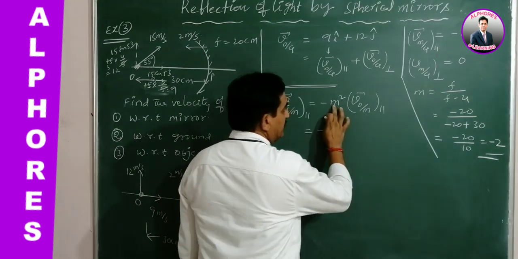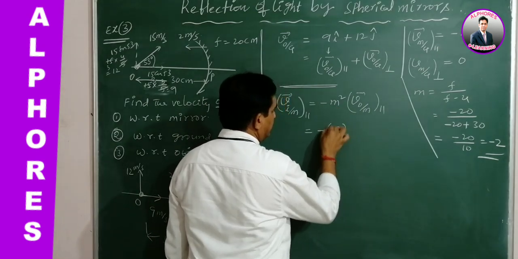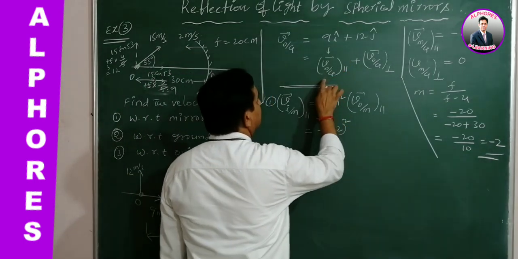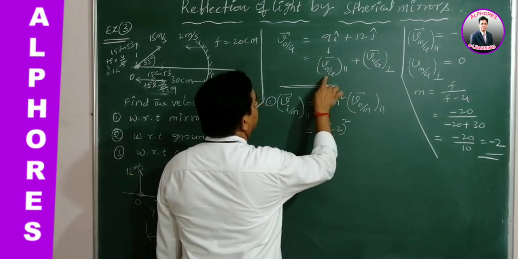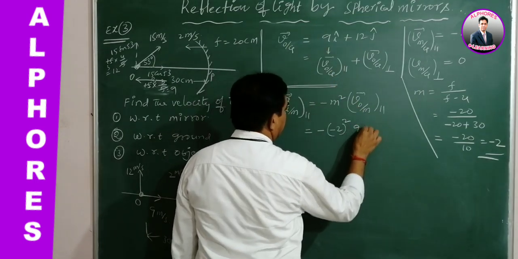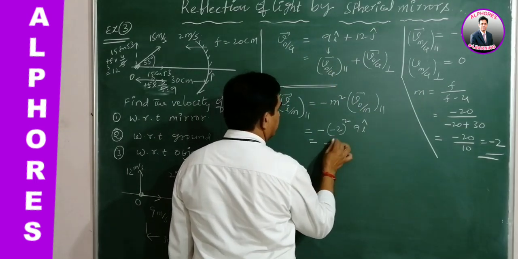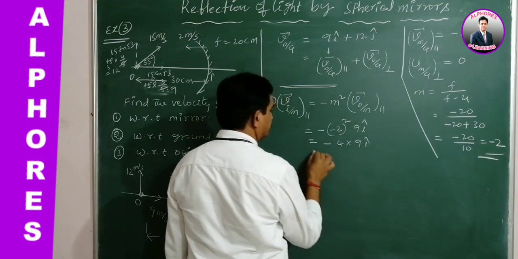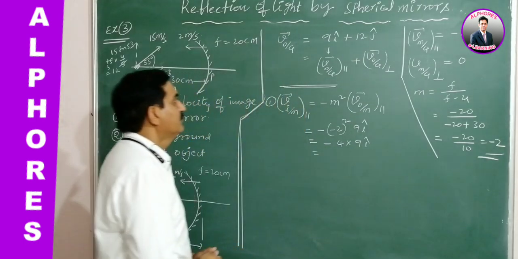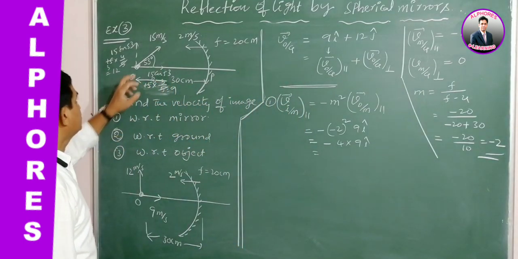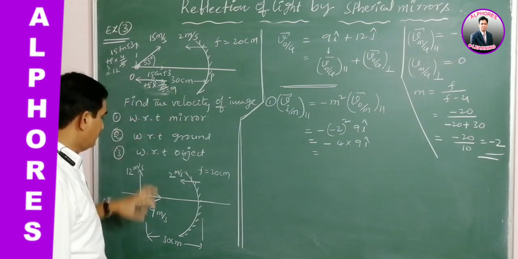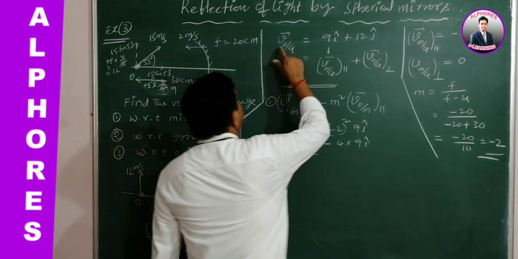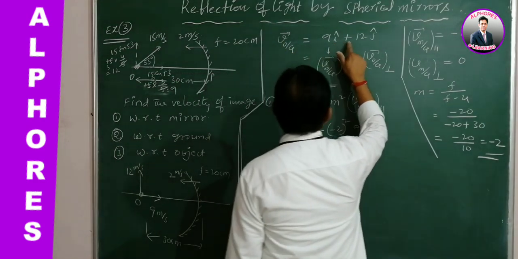Minus m square, minus 2 whole square, and object with respect to mirror, parallel component, 9i. So you will get minus 4 into 9i. Once again, verify this. The object velocity with ground is 9i plus 12j.